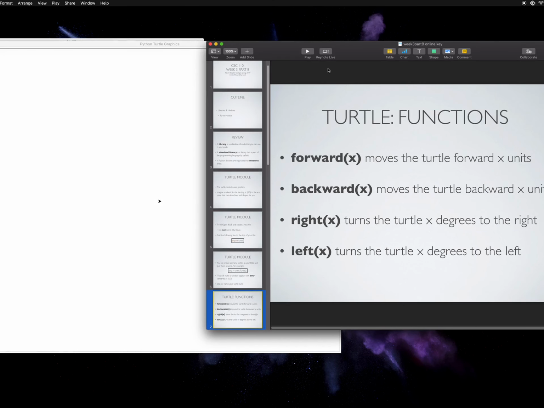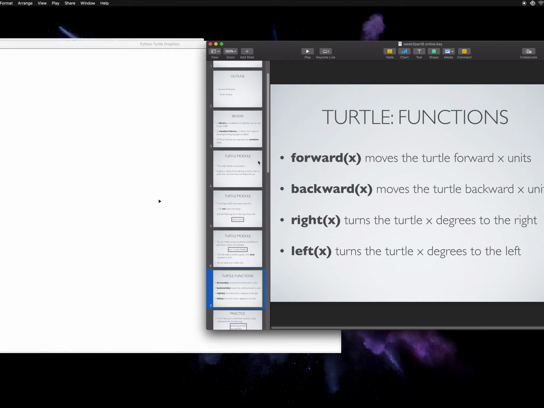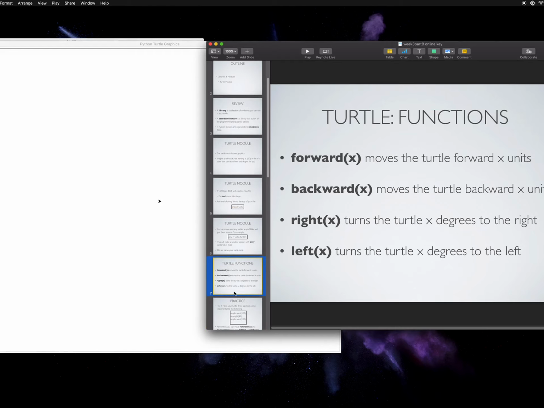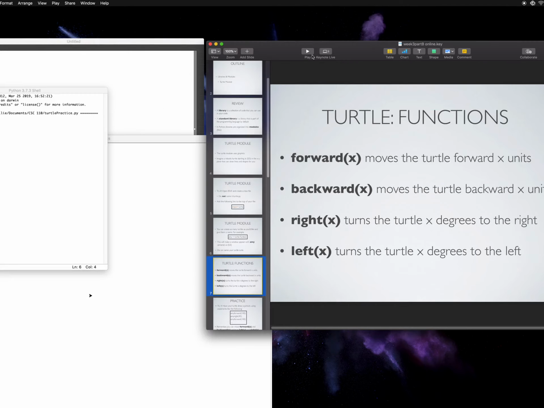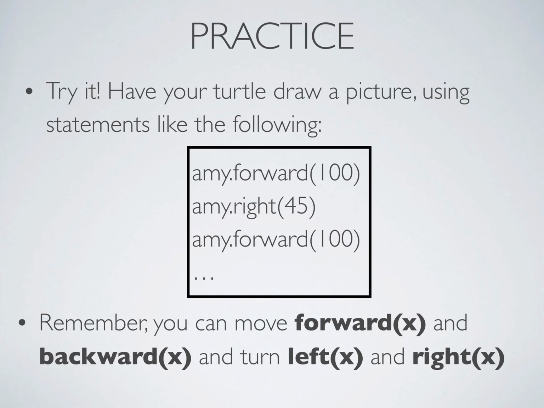So let's go ahead and do that. Go back to your file and add these lines of code. Of course, if you named your turtle something other than Amy, you're going to have to use whatever name you chose for your turtle in front of these commands. But the idea is if you want the turtle to move forward, just say, hey, turtle, dot forward, and then inside you can give it some distance to move forward.